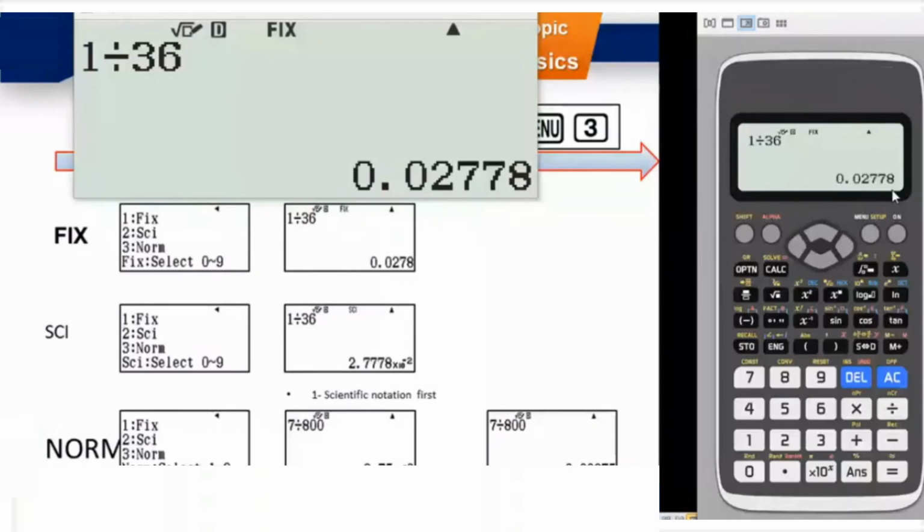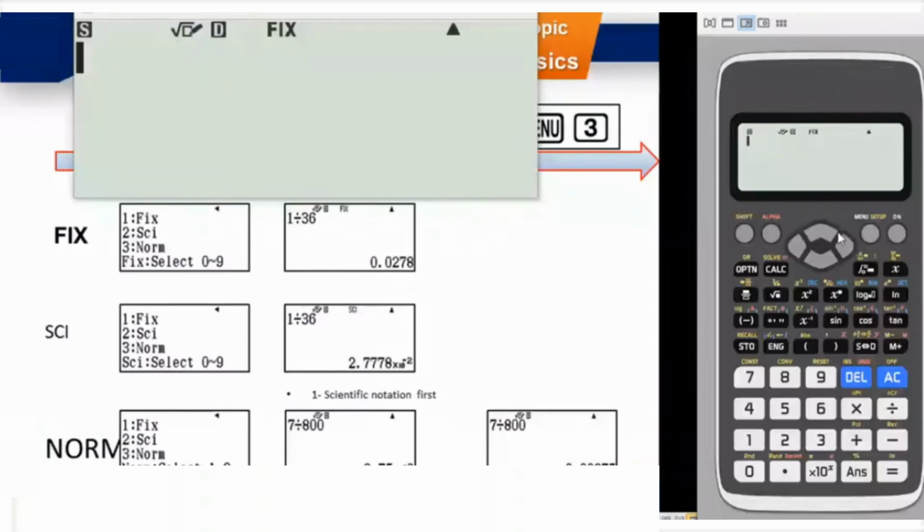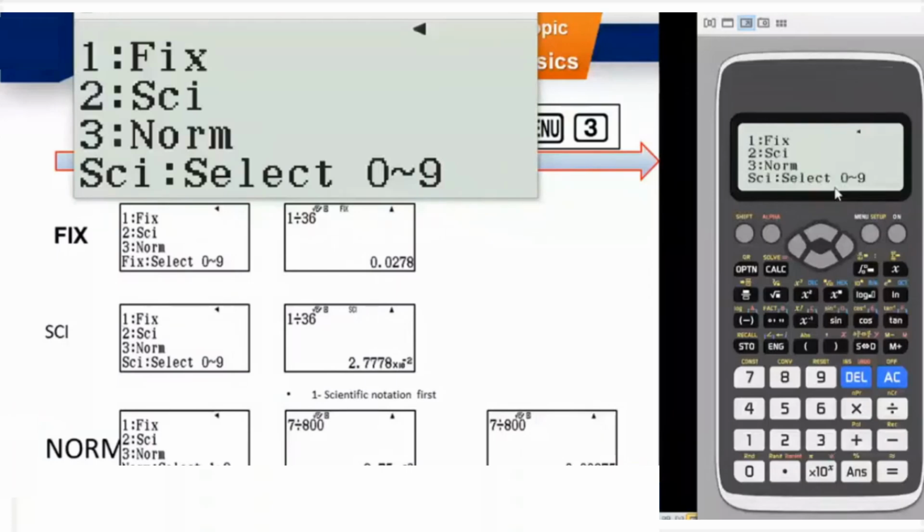Sci means scientific notation. Scientific notation means standard form. So in order to give my answer in standard form, I will press shift menu, I go to number format, I press 2. It is asking me scientific notation 0 to 9. Now here, if I press 2, it does not mean 2 decimal places.